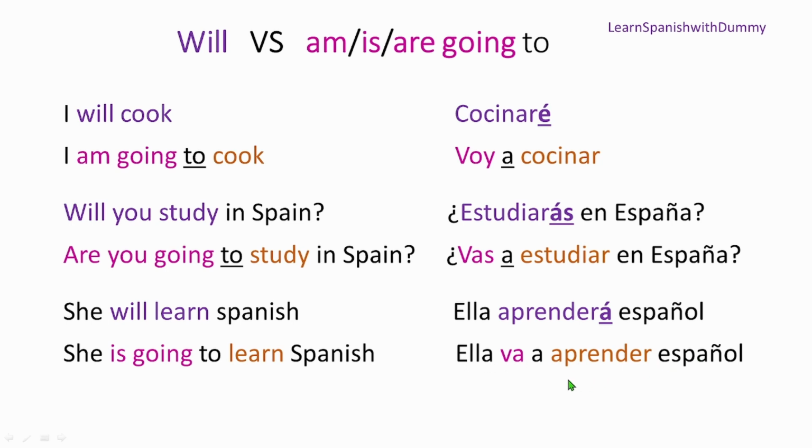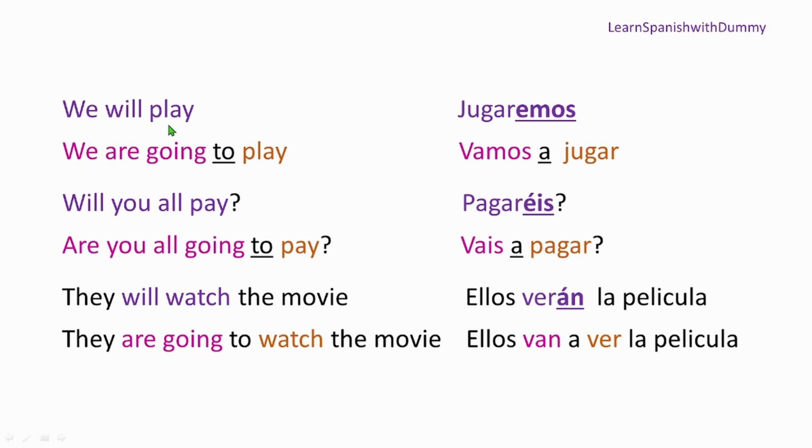Perfect. Now, we will play: jugaremos. Jugar is the verb to play. Emos we put because it's future; to make it future we need to put this. But if you say we are going to play, that's vamos a jugar. Vamos is we are going, a, and jugar is the second verb, we don't conjugate it. The difference is that in the first we conjugated the verb jugar, that's why there is an extra ending, emos.